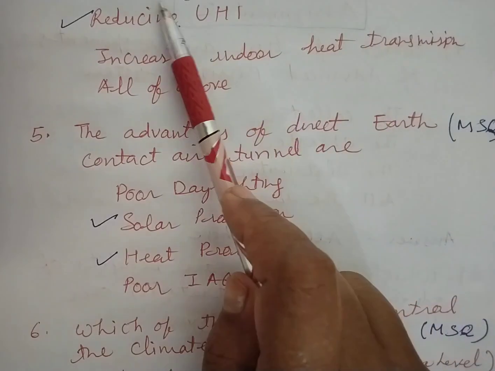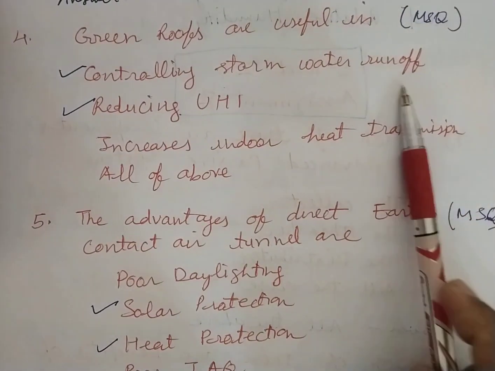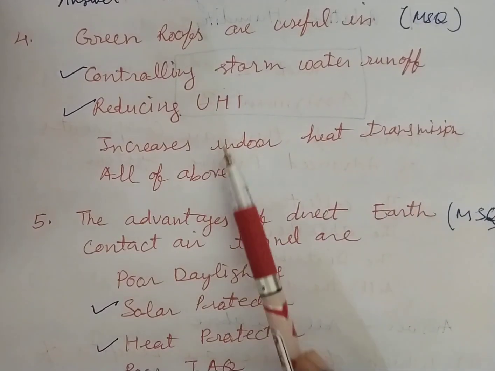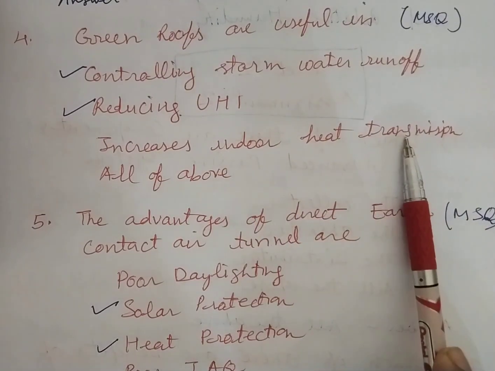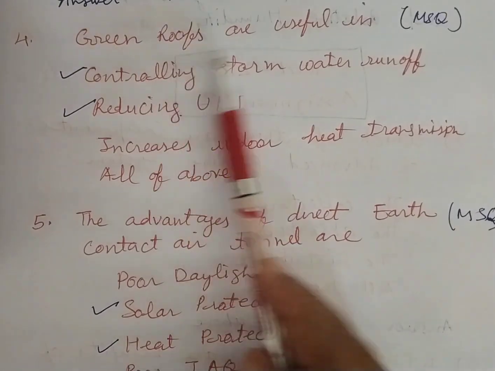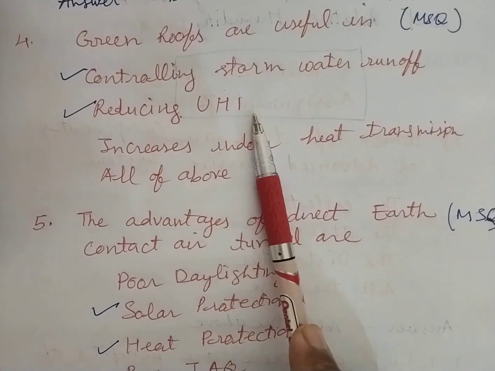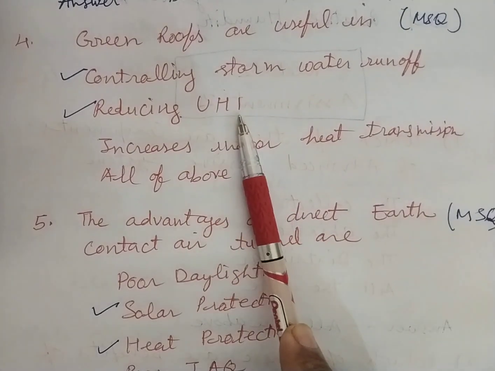Green roofs are useful in controlling stormwater runoff, reducing UHI, increases indoor heat transmission, or all of above. Answer is, green roofs are useful in controlling stormwater runoff and reducing UHI, that is urban heat island.